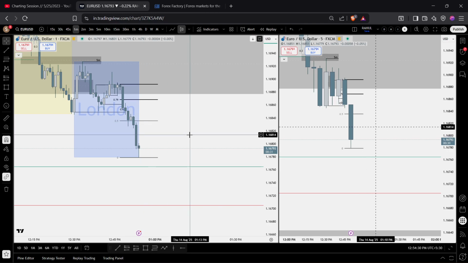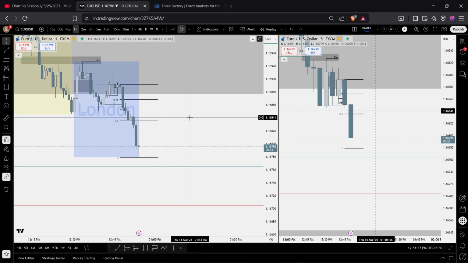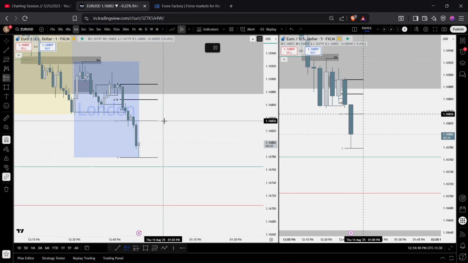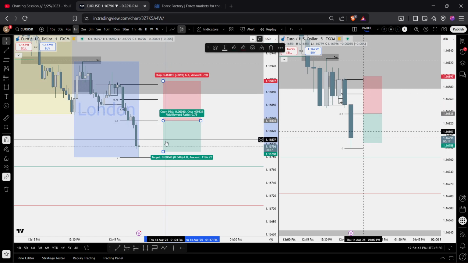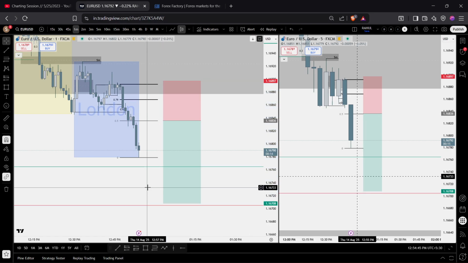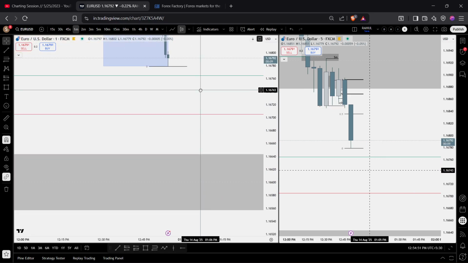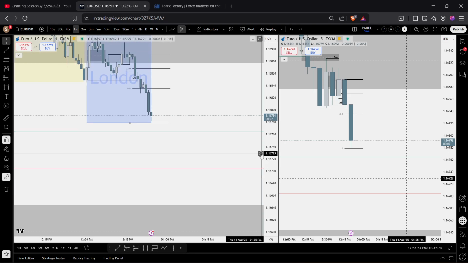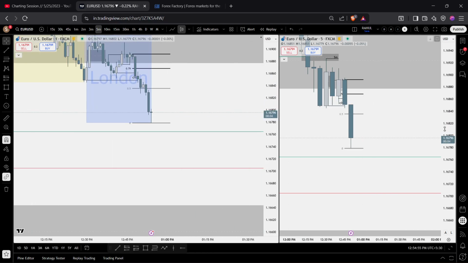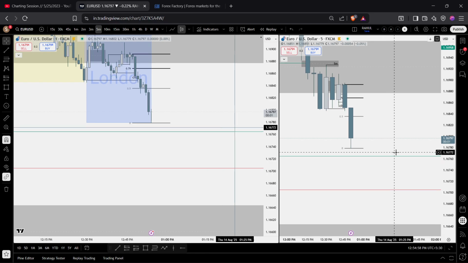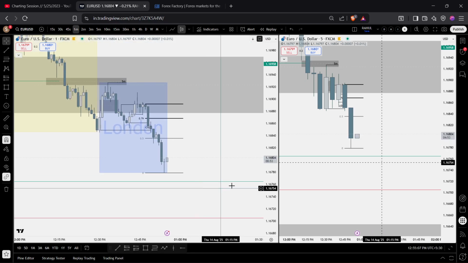Let's see the pullback now. I can enter here. Let's see it close. Okay, it has given a nice closure. But we do have a doji candle.